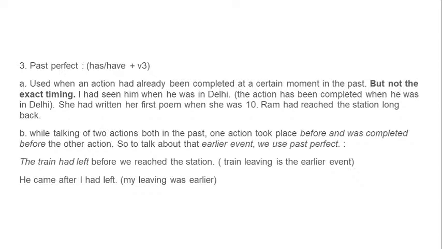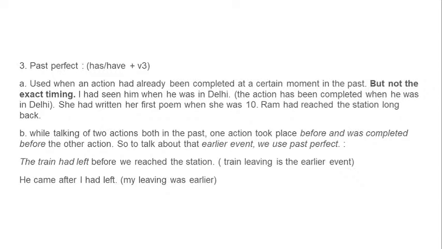That is why, while referring to the first action, we will be using past perfect. The train had left before we reached the station. So, what are the two actions over here? The train leaving, and we reaching the station, right? Two actions. Okay.